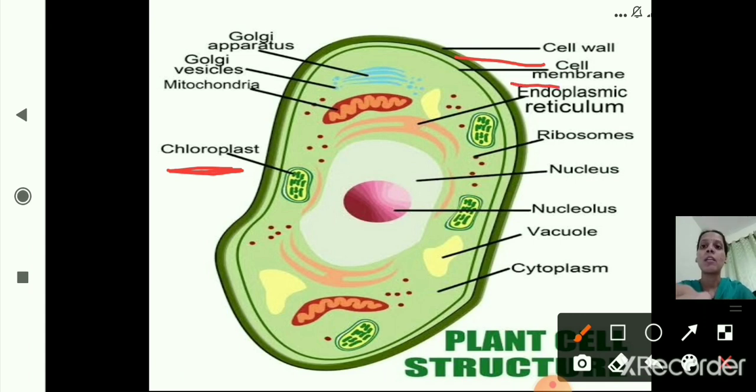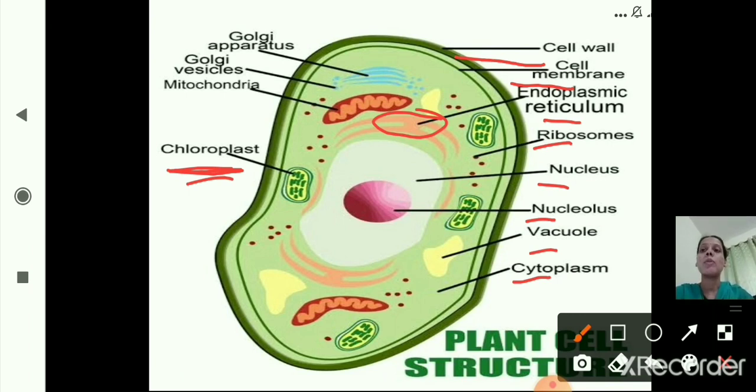Then cell membrane, this is endoplasmic reticulum, then ribosomes, then the nucleus, then nucleolus, vacuole, cytoplasm. So these are the few components of plant cell. Okay, in detail we will study its structure and function.